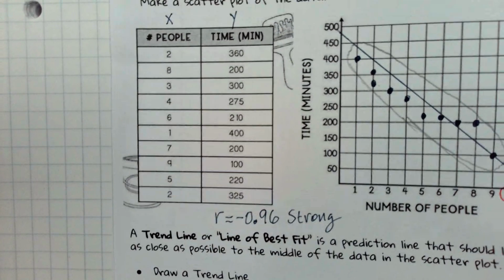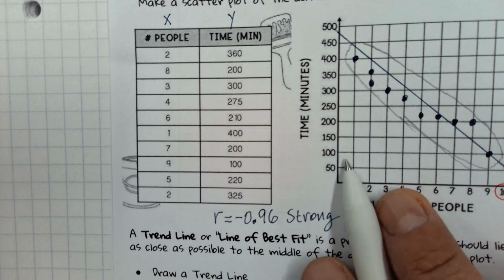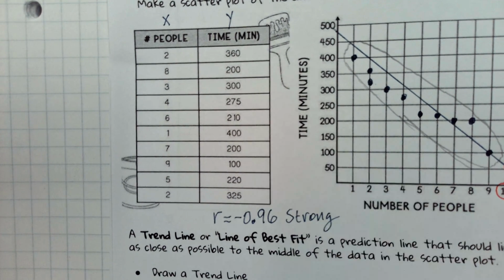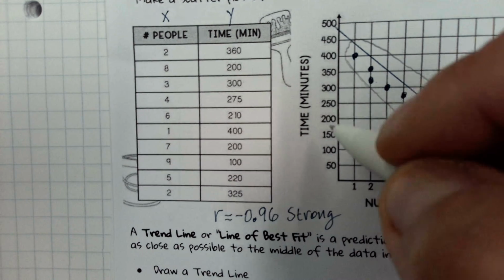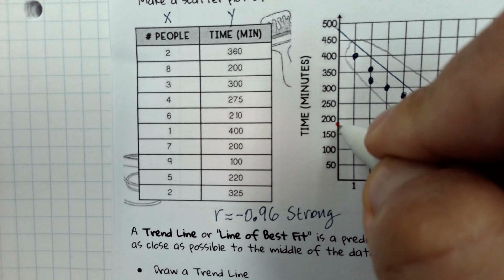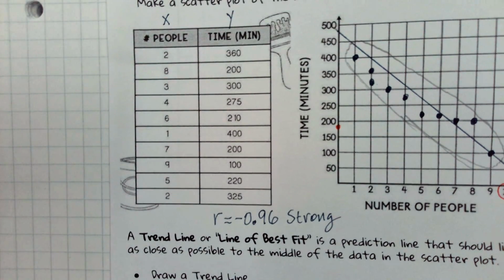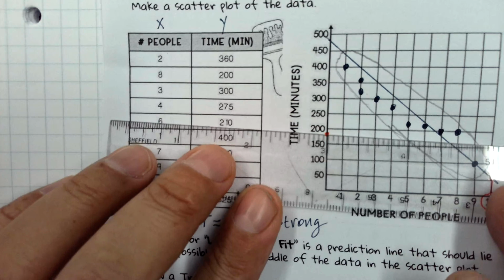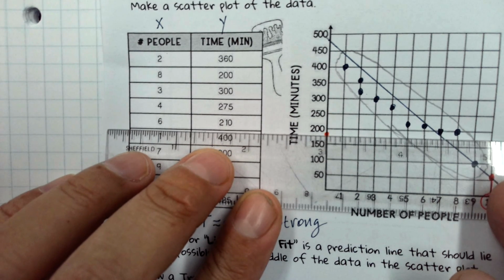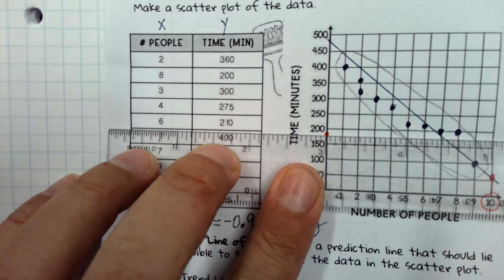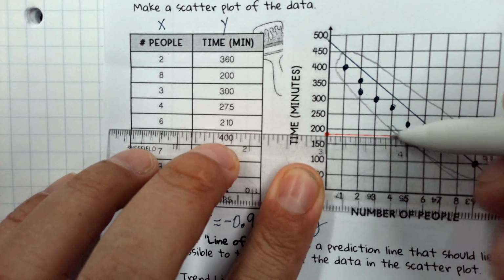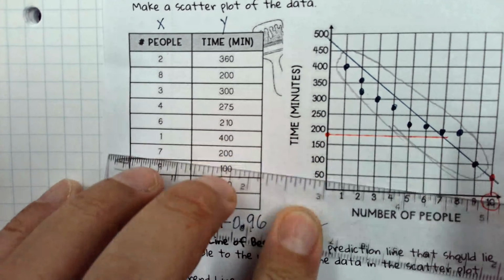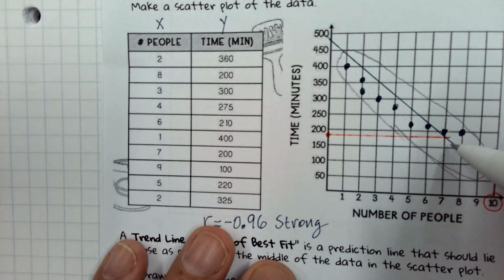Let's find 180 minutes over here. Somewhere about here, maybe about there. And then let's go across. Go to your line. The important thing is to go to your line. Don't go to any of the points. And see where that takes you.